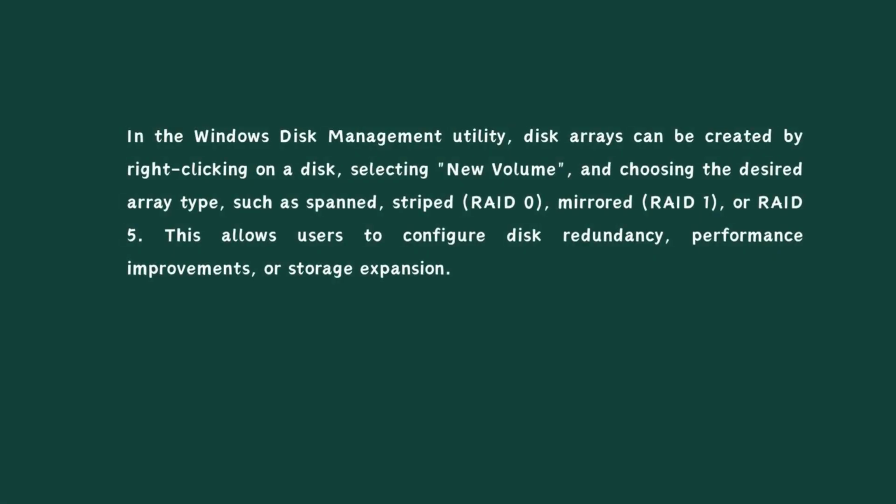In the Windows Disk Management utility, disk arrays can be created by right-clicking on a disk, selecting New Volume, and choosing the desired array type, such as spanned, striped, RAID 0, mirrored, RAID 1, or RAID 5. This allows users to configure disk redundancy, performance improvements, or storage expansion.